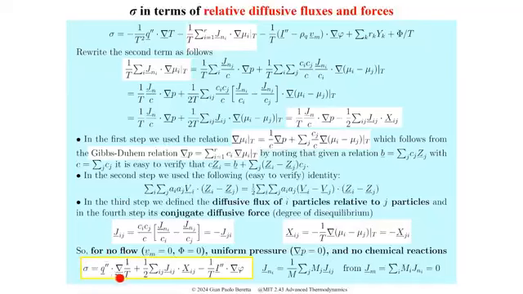Then we are left with these three terms, and these are the three terms that will allow us to define the thermodiffusion and the thermoelectric phenomena that we are interested in dealing with as examples of these cross effects. So this will be our starting point.